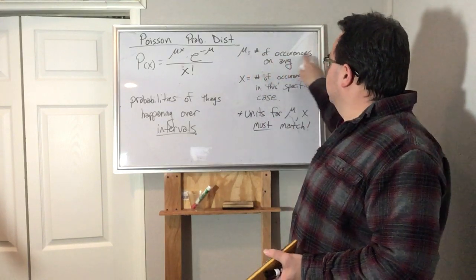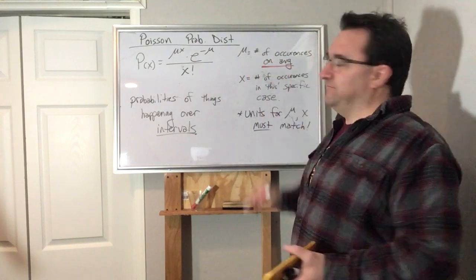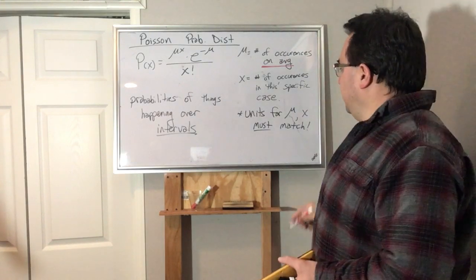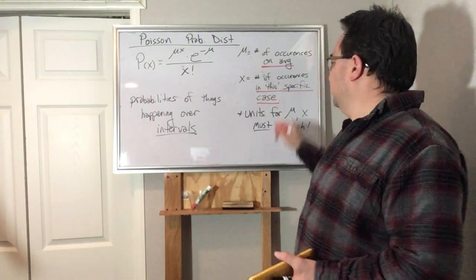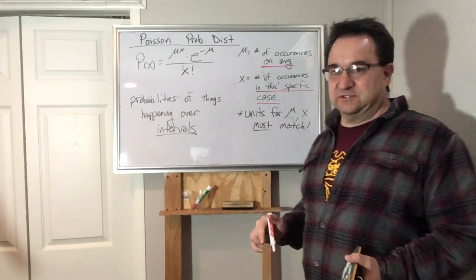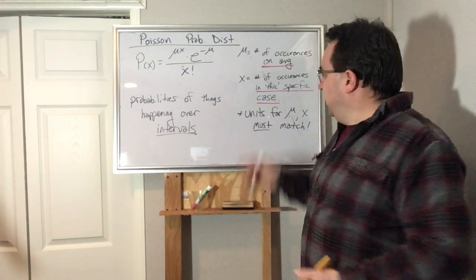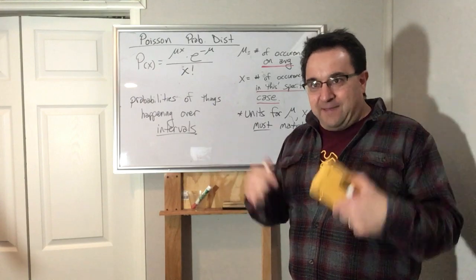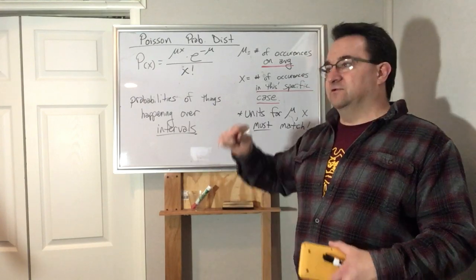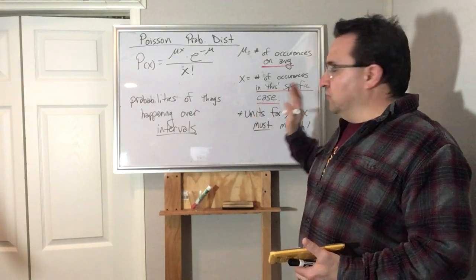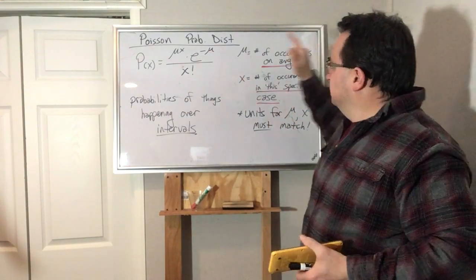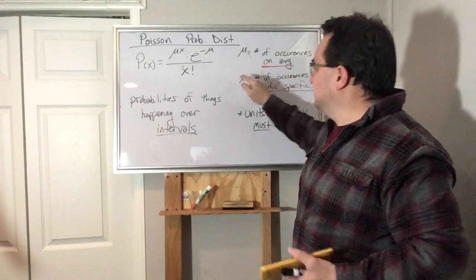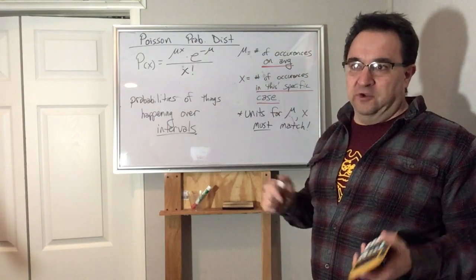Mu is the number of occurrences on average, and x is the number of occurrences in this specific case. When I'm doing a problem, x means the number in that particular problem, or in a specific time. We need to see some examples. Mu is on average, x is a specific point in time.